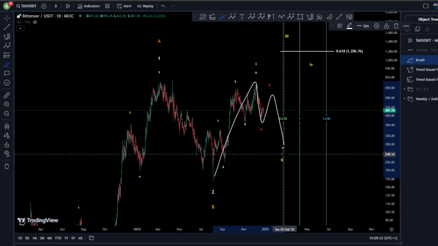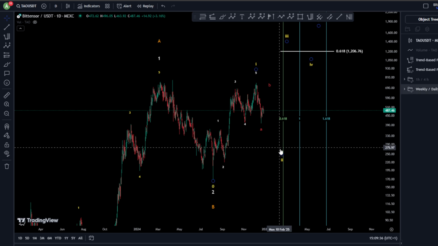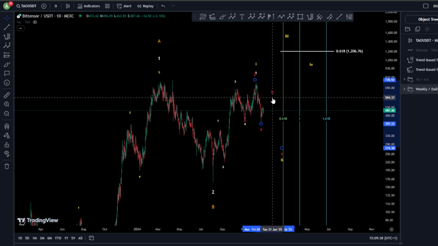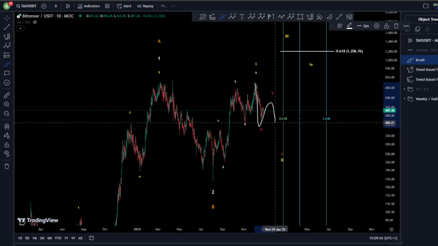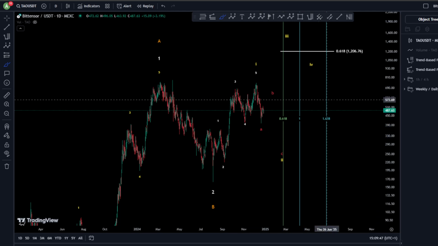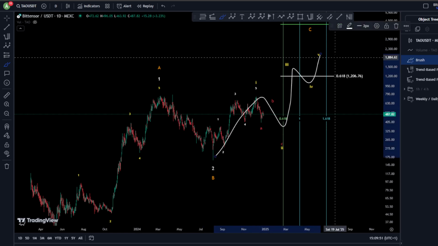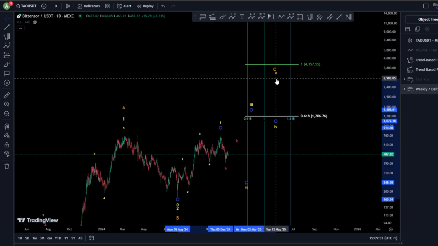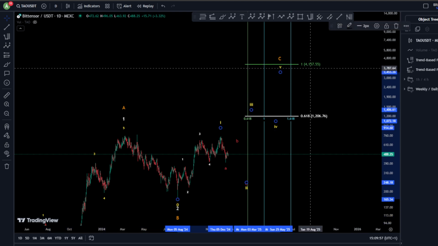Your wave C should finish exactly with this time, which is around the 21 February of 2025. And after this, you would like to start to see some reversal towards the upside to continue this trend in a 1, 2, 3, 4, and a 5, probably reaching your wave C here, which should be at the 1-to-1 fib level, which is a nice price, by the way.